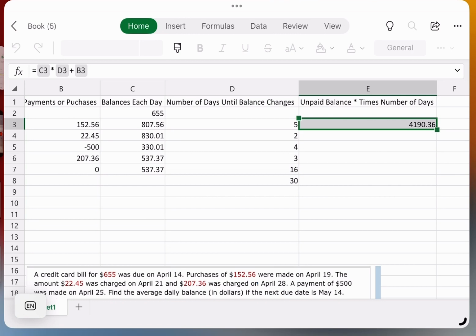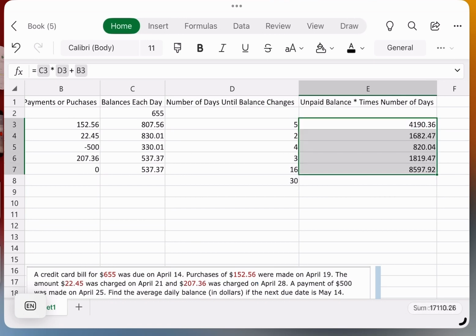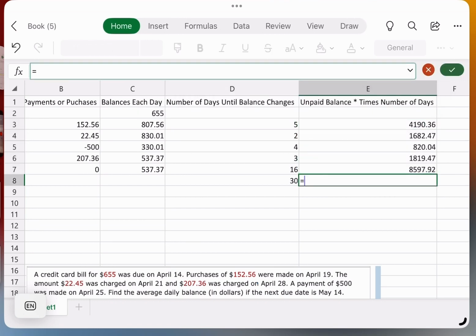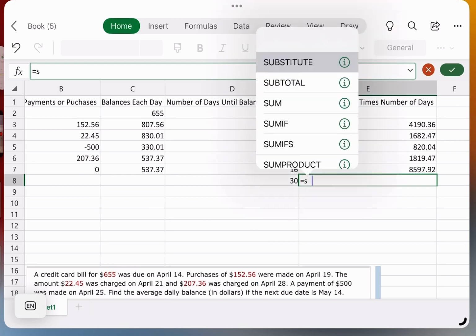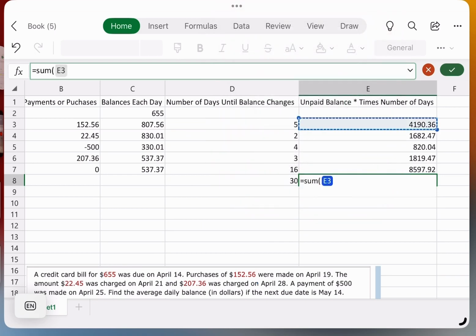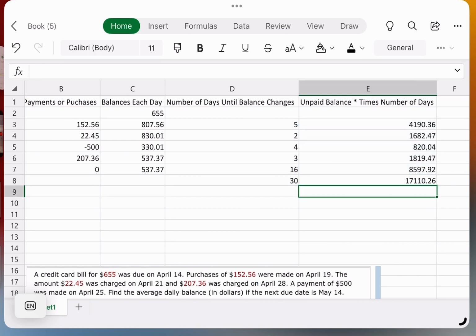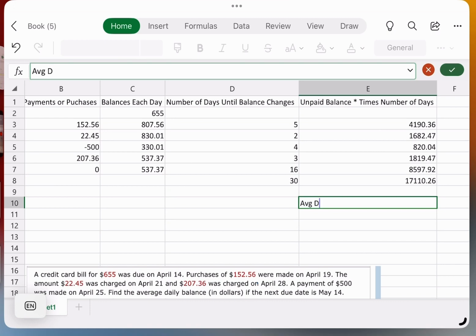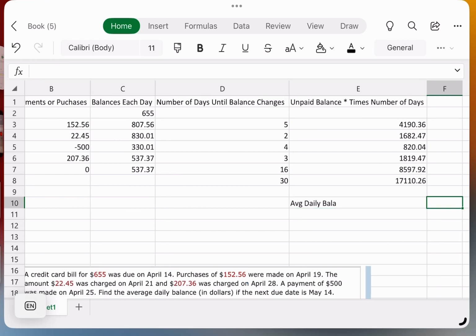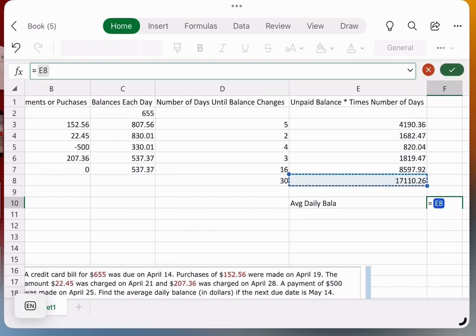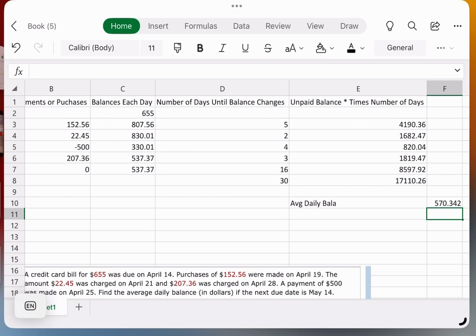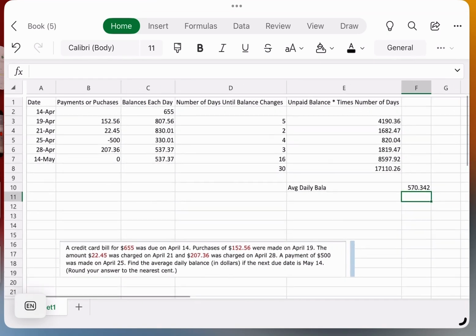If I fill all the way down to here, and sum all these values, I get that. So the average daily balance is equal to 70,110.26 divided by the number of days. So that is the average daily balance of this account.